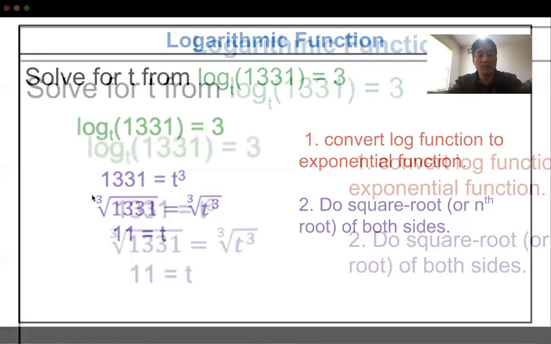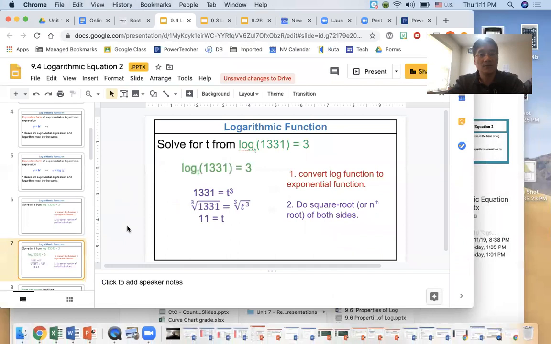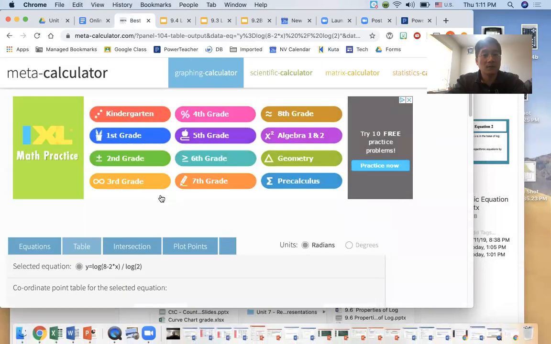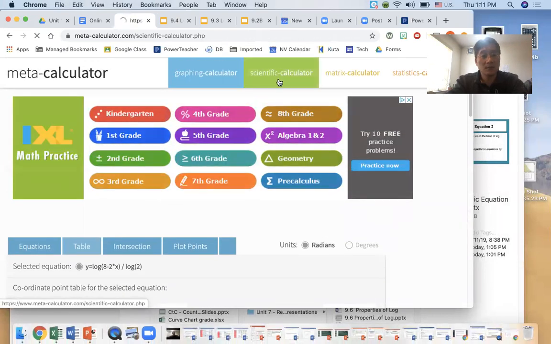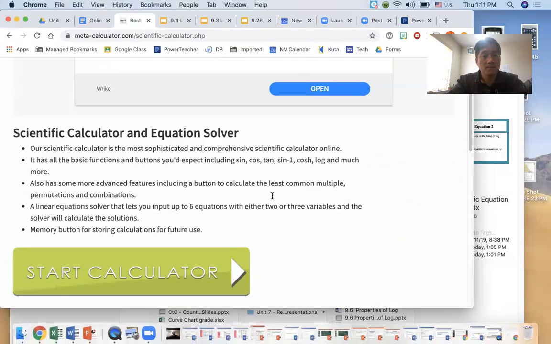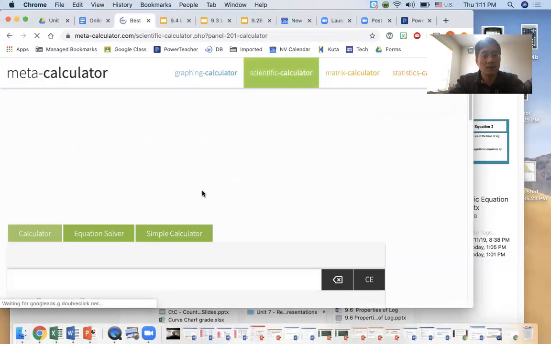Let's see with the Meta calculator how to do it. Let's go to the Meta calculator here. We are going to use the scientific calculator in this case, not the graphing one. So start the calculator.